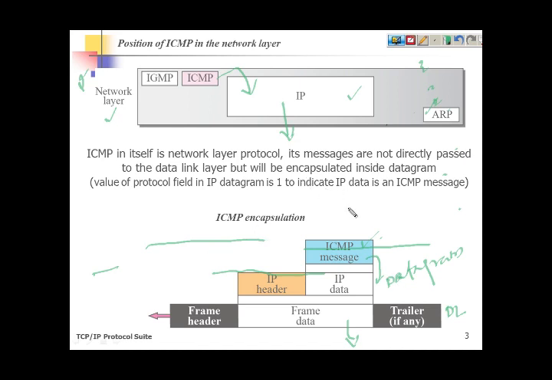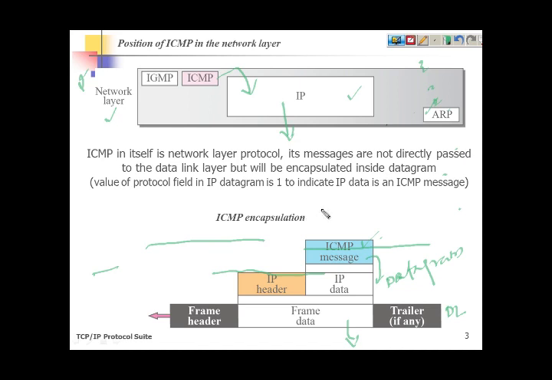One thing to note here is that whenever the IP packet is delivered for ICMP, it carries the value 1. If you remember when we were discussing the IP header format, the IP packet consists of a 20 byte minimum header, and in the header we have one field called protocol.